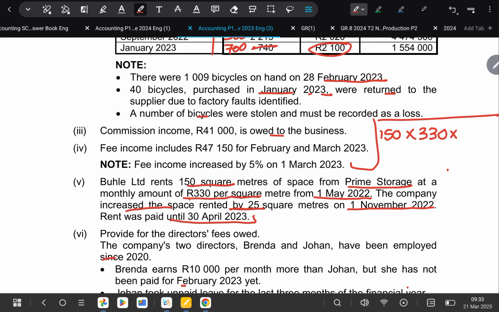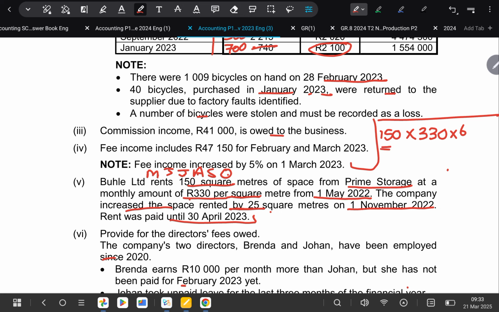If we start from May up until before the increase of square meters, it will be from May up until October: May, June, July, August, September, October. So it's 6 months. So you're going to say 150 square meters multiplied by 330, and then multiply by 6, which will give you the following amount.